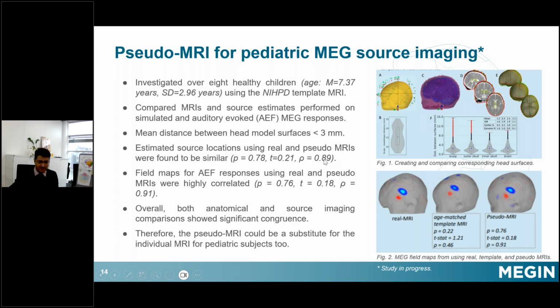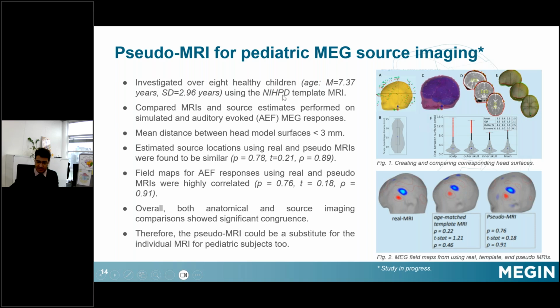We found a correlation of 0.78, and the p-value was 8.9, or almost 0.9, which shows quite high similarity. We used 5 subjects here, and their age range was 3 years to 12 years. And the template we used was the NIH PD template.